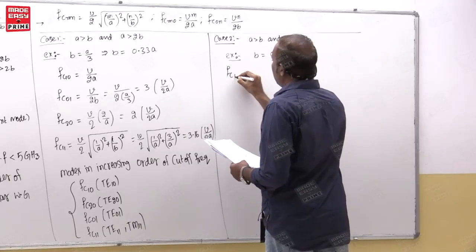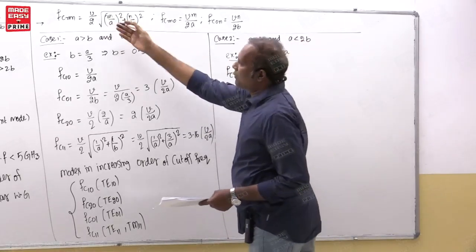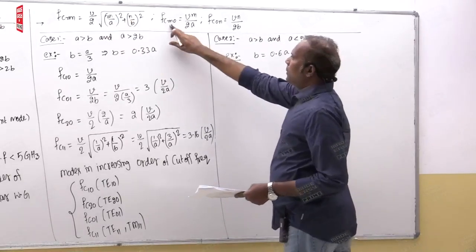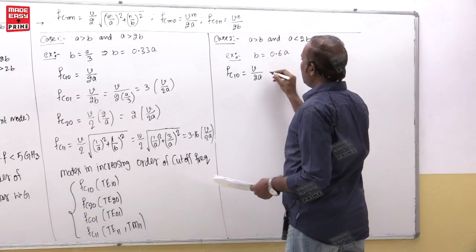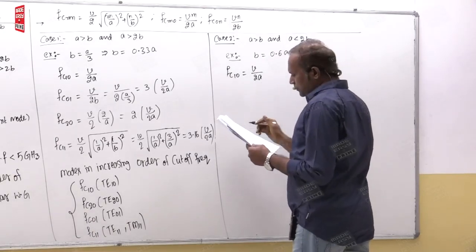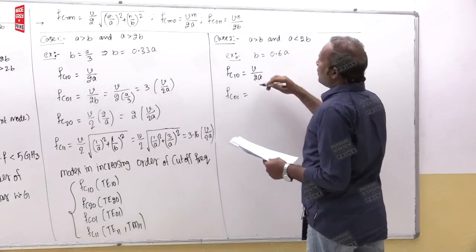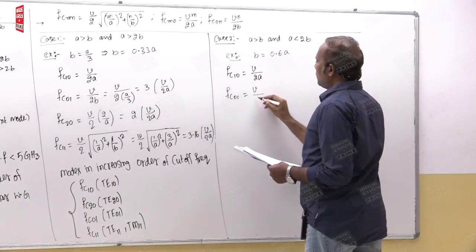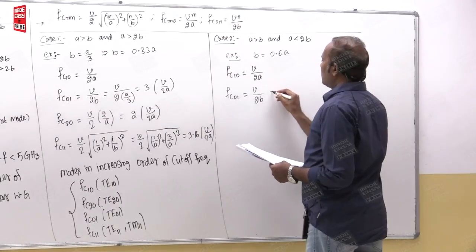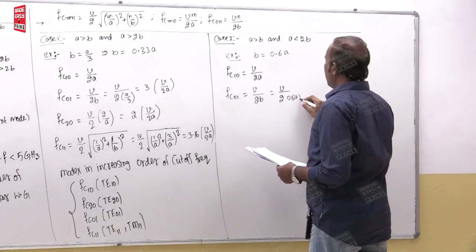You know that FC10 is equal to V into 1 by 2a. Next, FC01, students. FC01 means V divided by 2 into b, where b is 0.6a.